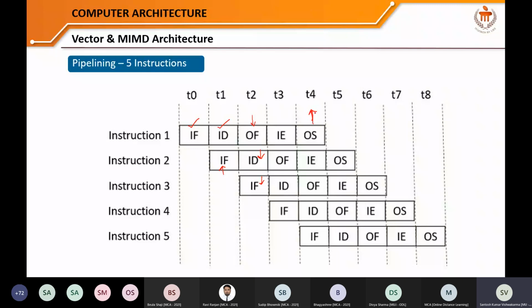After every time interval, we are getting an output: this is I1, this is I2, this is I3, and so forth. We have already discussed these examples a number of times. The first instruction requires all n phases, and after that, for every time step, an instruction is completed.